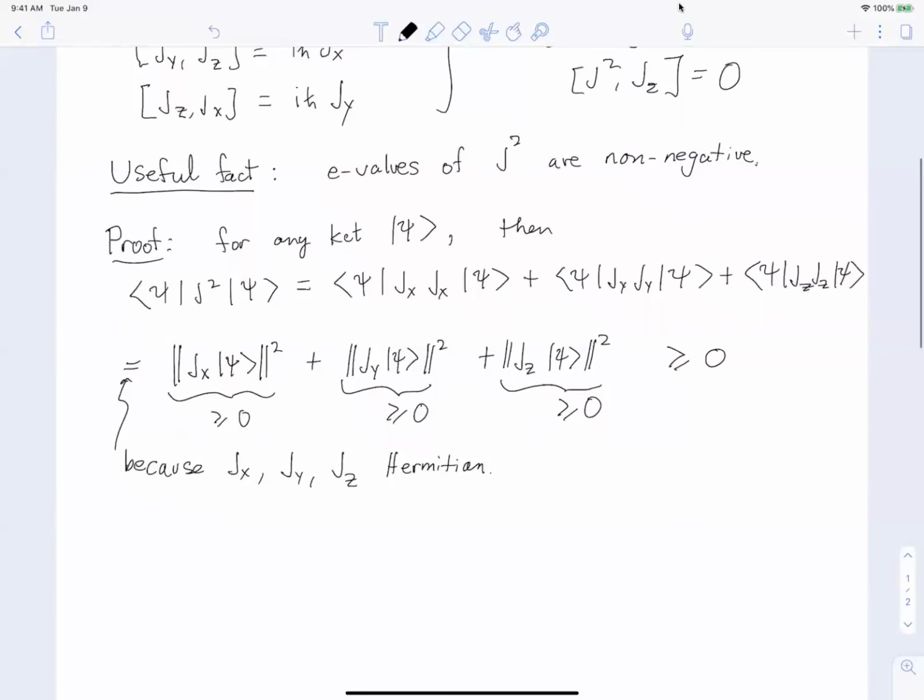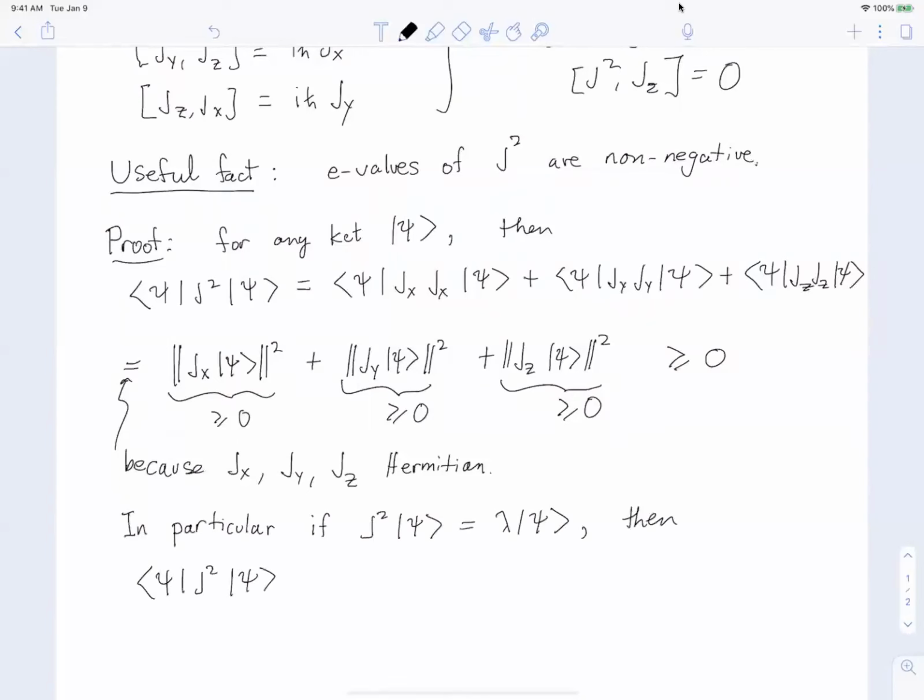Actually, that was just for the expectation value. Now we have to make it a statement about the eigenvalues, but that's not too hard. Let's say our state was an eigenstate of J squared, and see what happens. If J squared acting on psi was equal to some eigenvalue lambda acting on psi, then when we take the expectation value, we can just pull out the factor of lambda.